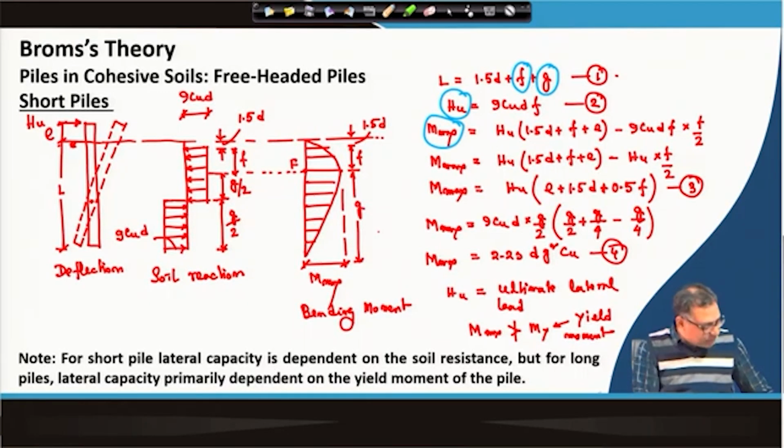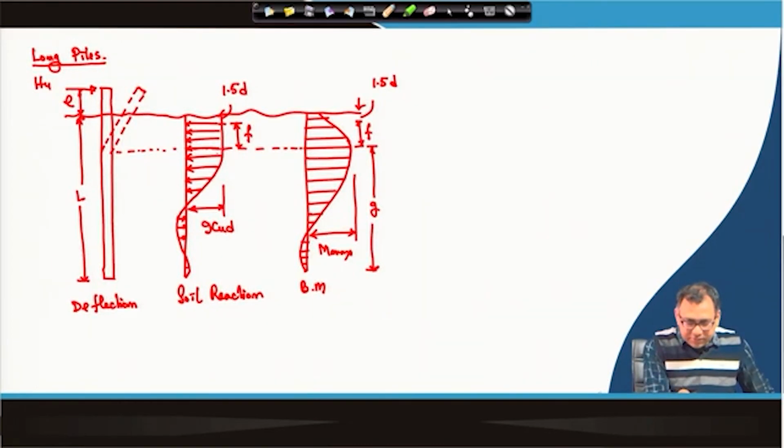Equation number 2 is also valid here, because we can assume that this portion and the lower opposite portion counterbalance these forces. So this portion is balancing these forces and then this top portion is only giving the HU.